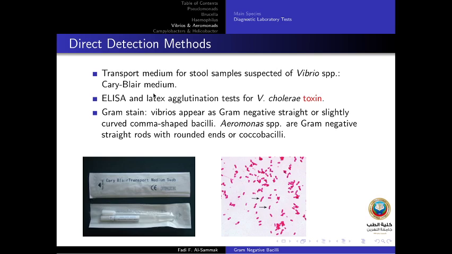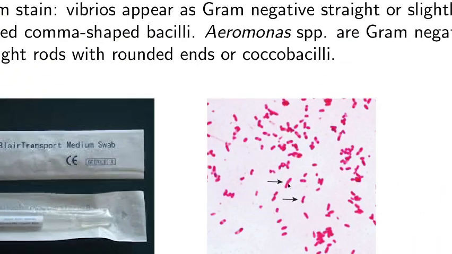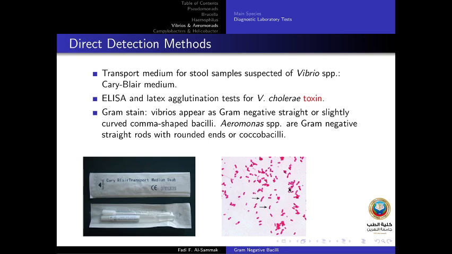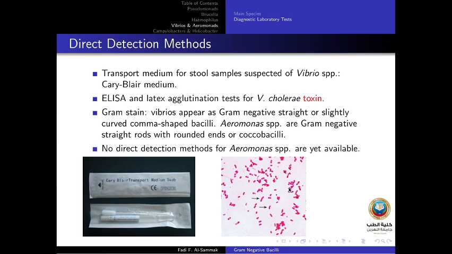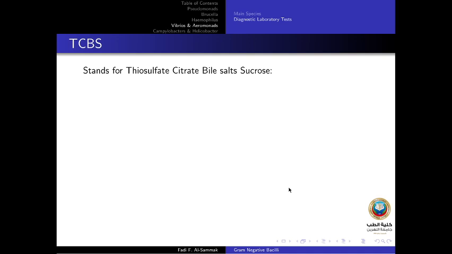The Aeromonas can also show the same appearance and shape, gram negative, straight rods with rounded ends, or coccobacilli. So here, this is the comma shape of Vibrios. You can see it very clearly. There is no direct detection method for Aeromonas species now available for laboratory testing.